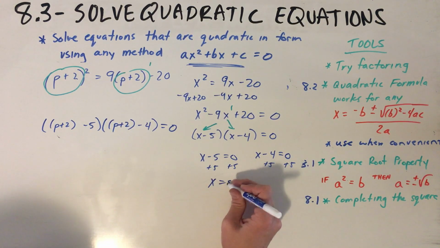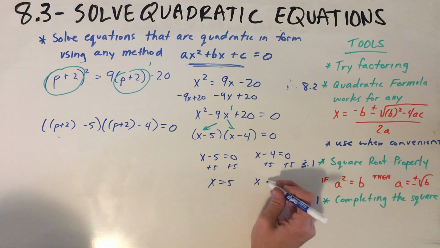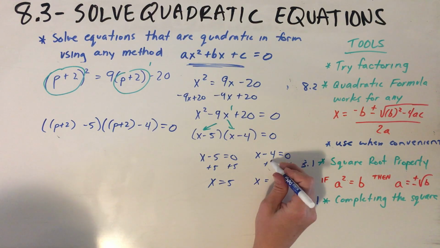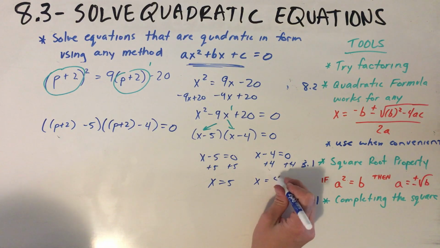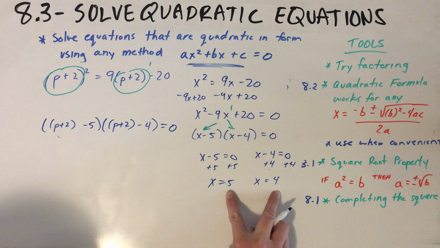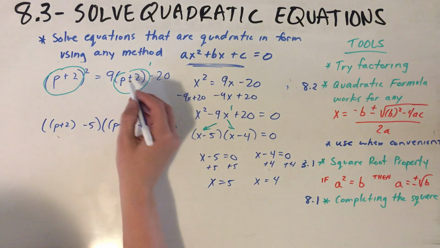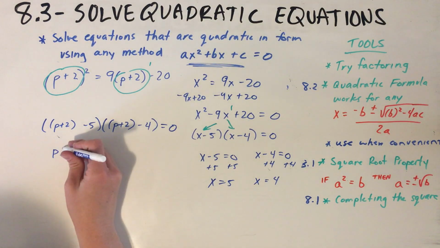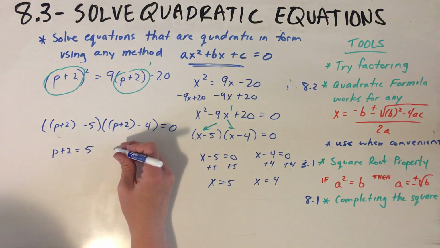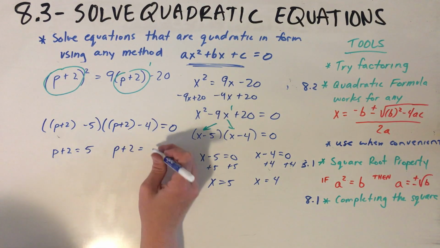Again, this wasn't the problem I was given. That's not a 5 either, it's a 4, okay. But I can see that x is equal to 5 and x is equal to 4. So if I substitute the value of x, which is p plus 2 over here, that's going to be equal to 5, and p plus 2 is going to be equal to 4.